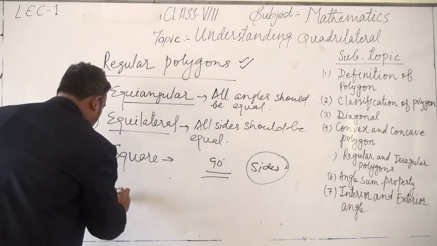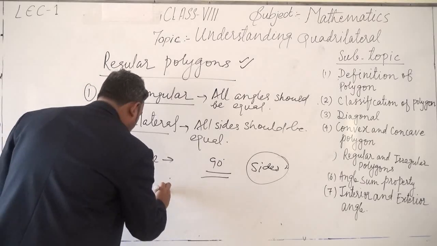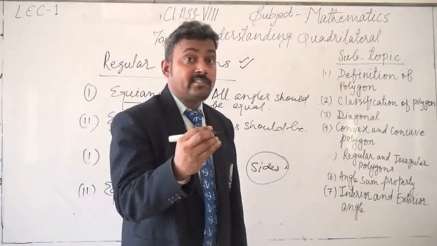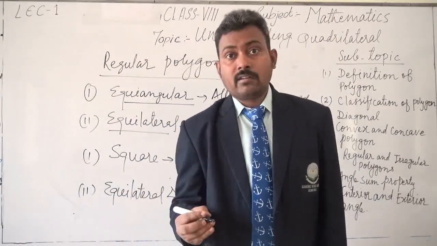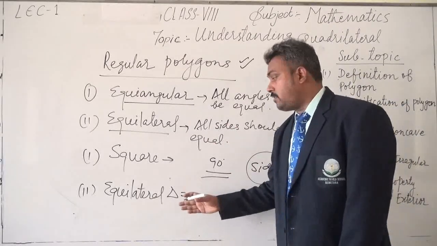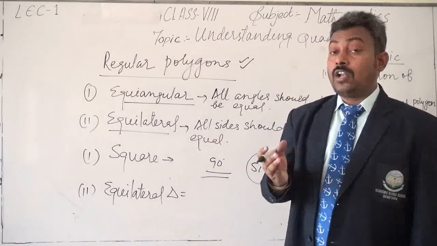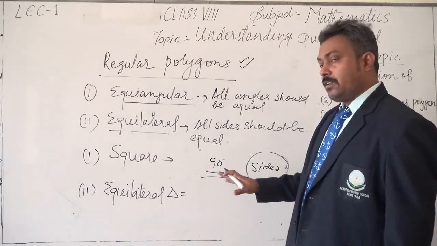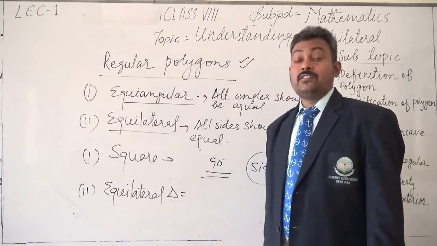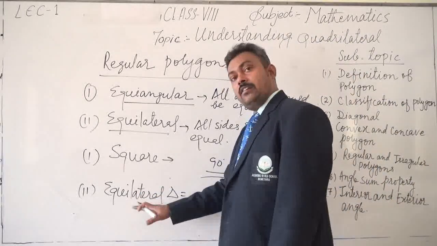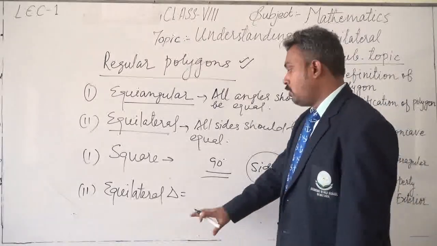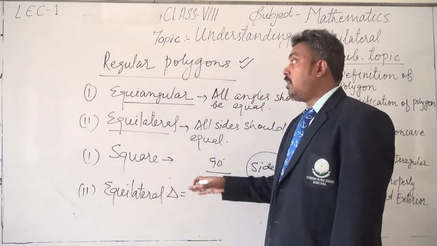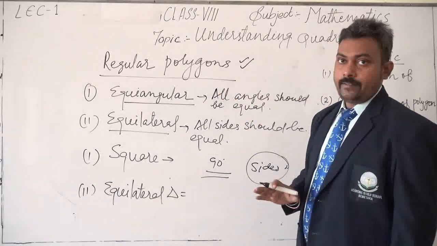In an equilateral triangle each interior angle is 60 degrees, so all interior angles are equal, and since it is named equilateral, all the sides are equal. So an equilateral triangle is also a regular polygon.